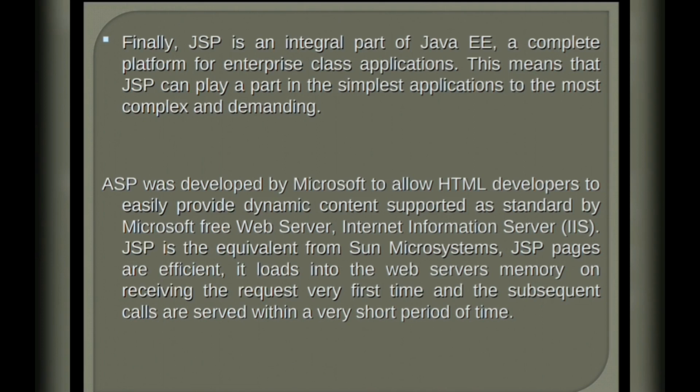For developing web applications like an online library system or online shopping mall, we must know about Java Enterprise Edition. In Enterprise Edition, we use JSP for developing dynamic websites.